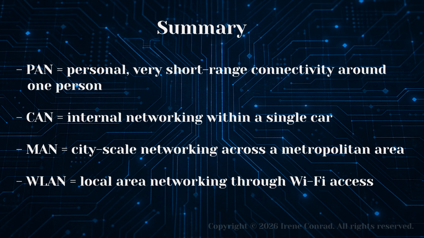So let's wrap this up. A PAN is a very short range network around one person. A CAN is a network inside a single vehicle. A MAN is a network built across a metropolitan or city area. And a wireless LAN is a local area network that gives devices wireless access through Wi-Fi.